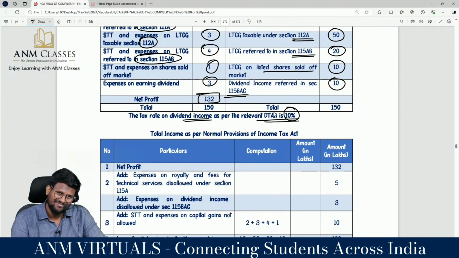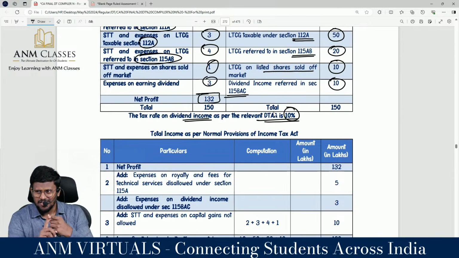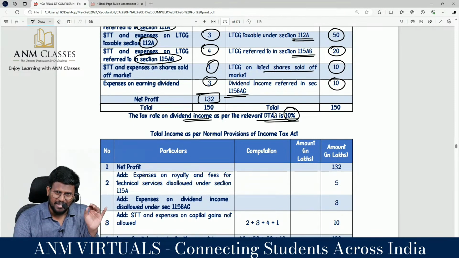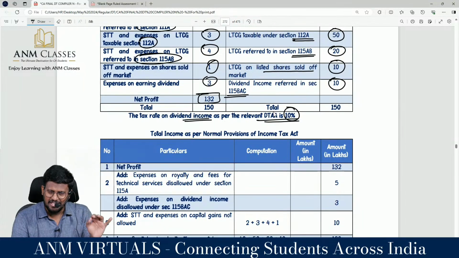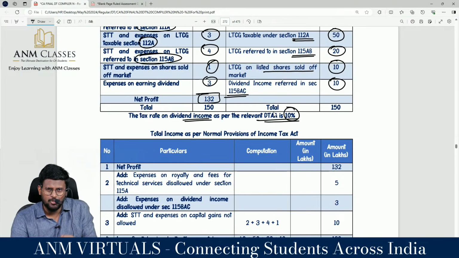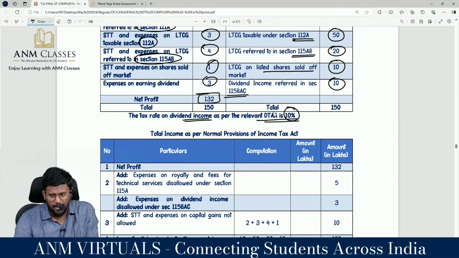This is the problem, because that foreign company would have entered into a double taxation avoidance agreement. Since they are entering into a double taxation avoidance agreement, the rate may be a concessional rate. We know that as per Section 90 subsection 2, either the Income Tax Act or DTAA, whichever is more beneficial to the assessee.